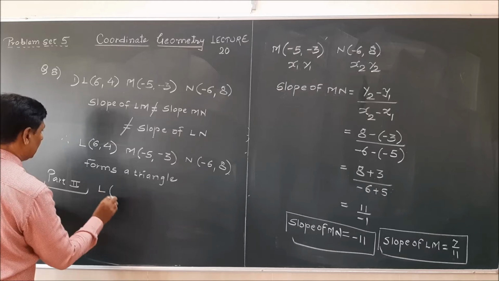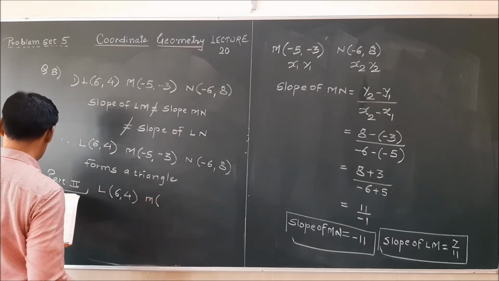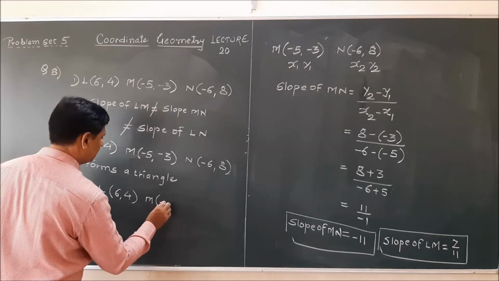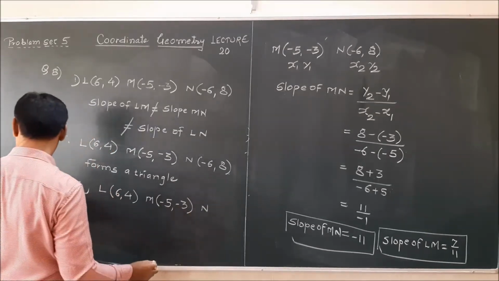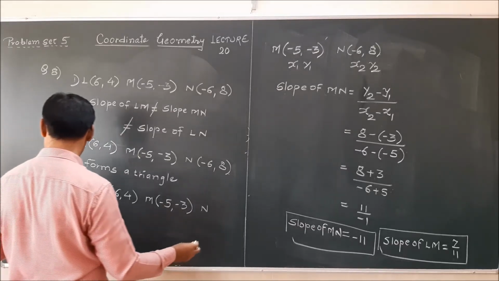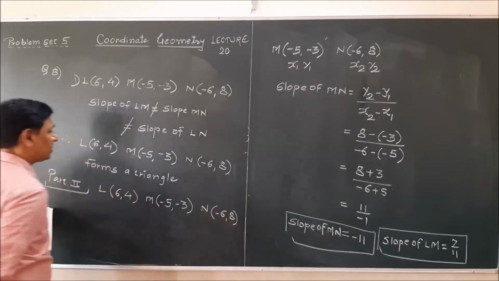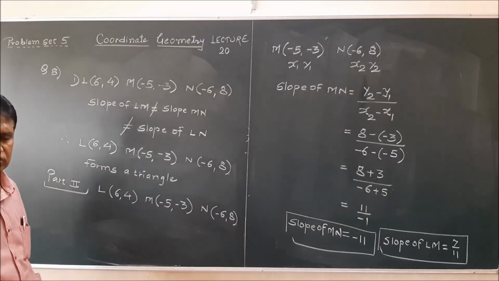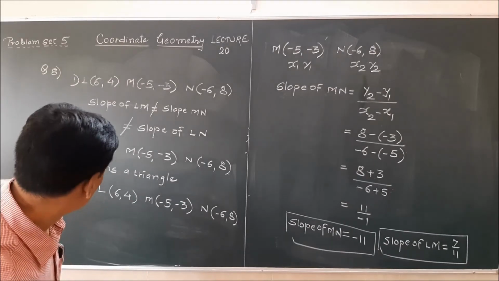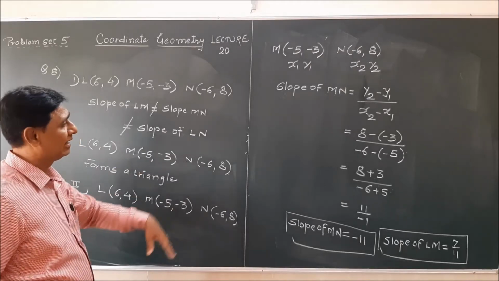So L (6, 4), M (-5, -3), and N (-6, 8). Now by using the distance formula, I am going to find out length of LM, length of MN, and length of LN. Okay, let's see.